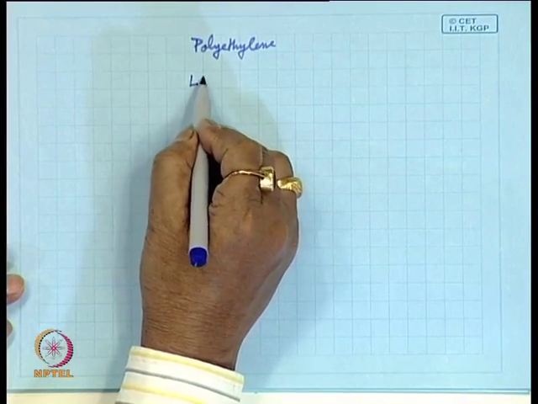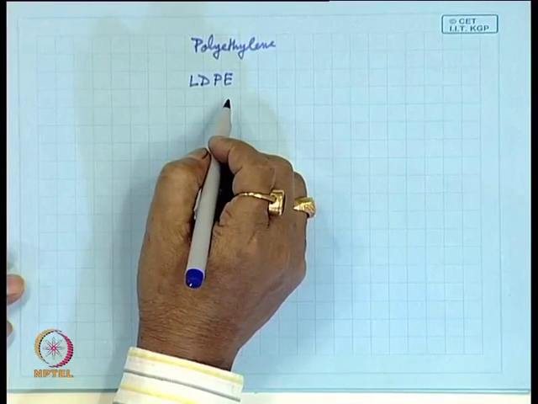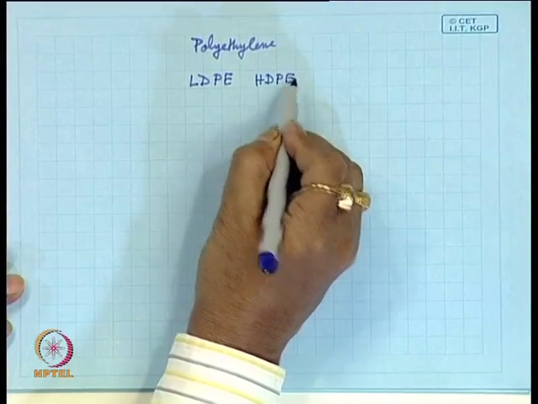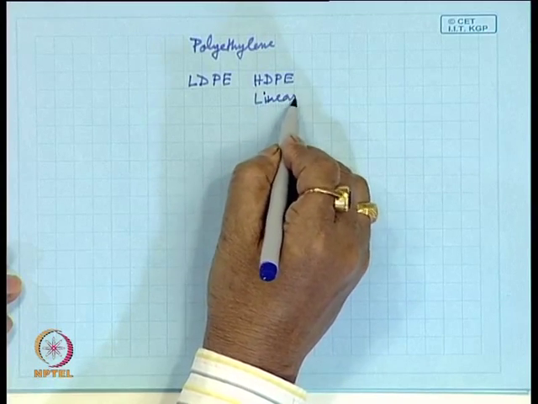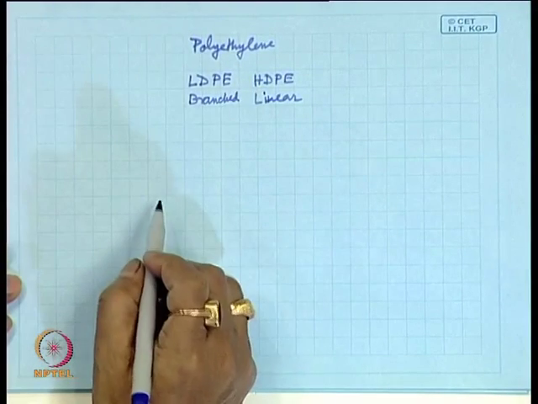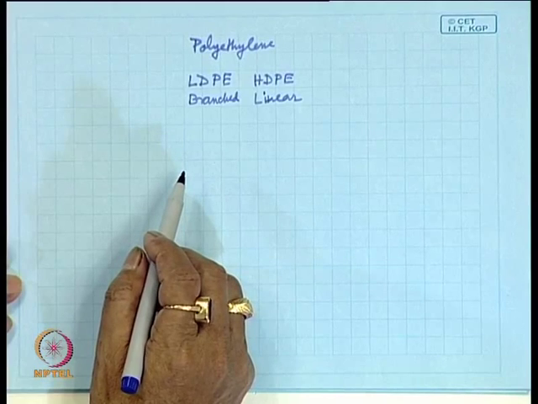Let us take these two grades, low density and high density, HDPE. Now, this is a linear polymer, this is a branched polymer. Now, density becomes low due to the presence of short branches or long branches. So, the density of a polymer is controlled or influenced by the presence of branches.